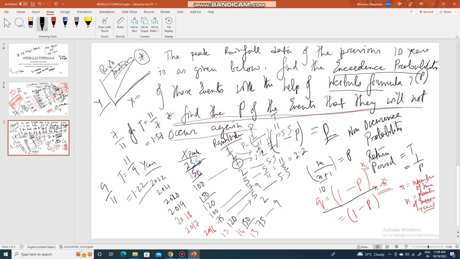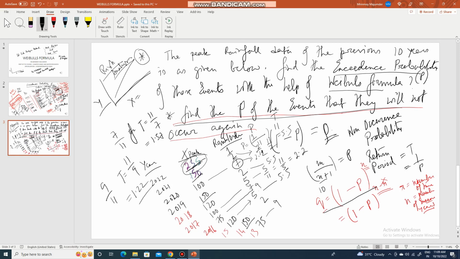Here, the peak of the last 10 years, 235, the highest magnitude rainfall, has a probability of 1 by 11. That is a probability of around 0.09.